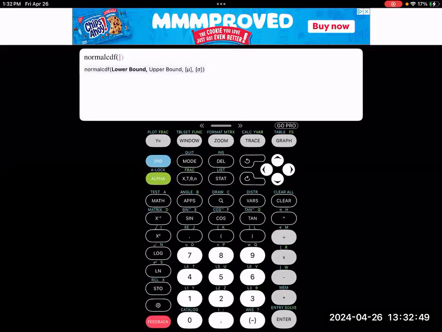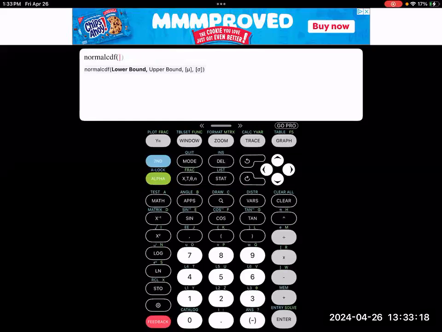So it says lower bound. It just means the lower number. So we have negative. Now for your negative, make sure you're using the negative button and not the minus button, which is located right between enter and your decimal place. 1.25, comma, your comma is located right above the 7. Your upper value is 1.25. Oh, so sorry. I'm actually using the Z values, which you can use if you want to.